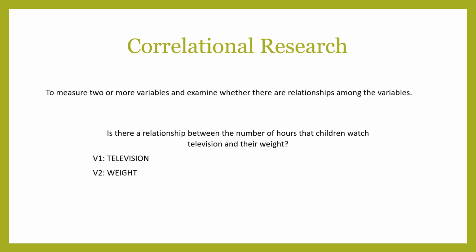And here we have an example. This is a question: is there a relationship between the number of hours that children watch television and their weight? Variable one will be television and the other variable will be weight. We have to discover the relationship between both.